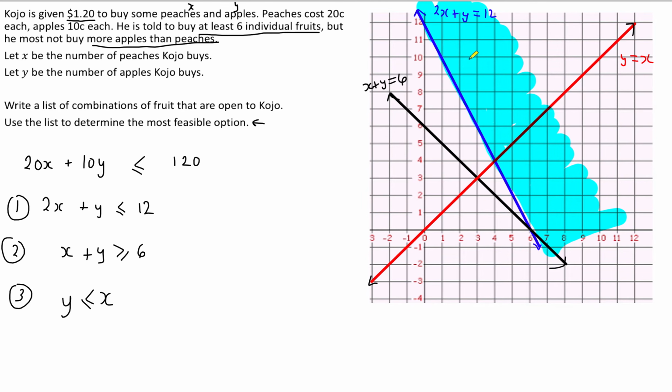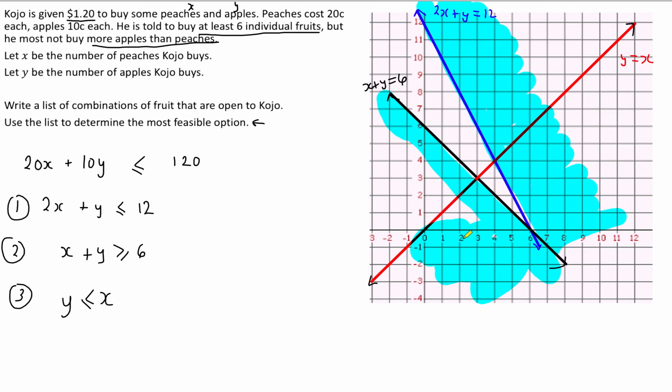And again, if you want to recall, it's by substituting 0, 0 that I could determine this. For x plus y equals 6, again, by substituting 0, 0, you're going to see that I do not need this region, just below the black line.